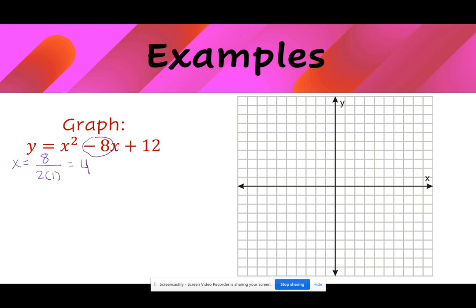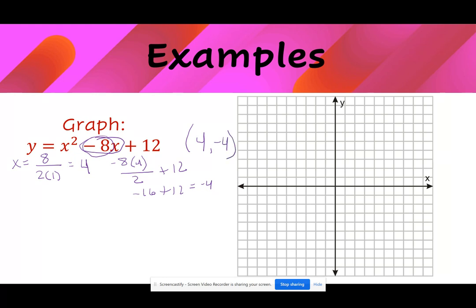I'm going to choose to plug it back into the bx over 2 plus c. So negative 8 times 4 over 2 plus 12. So we get negative 16 plus 12 gives us negative 4. So our vertex is at 4, negative 4.